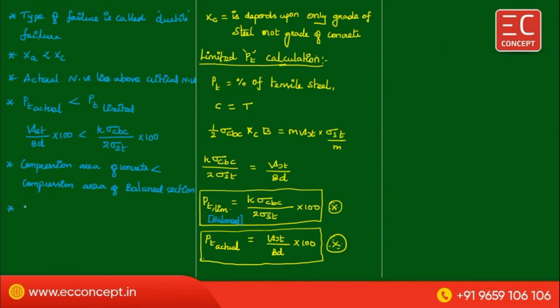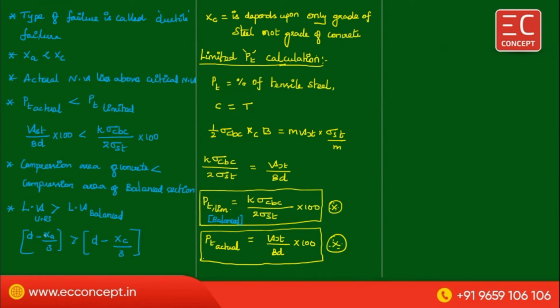Now lever arm is greater than lever arm of balanced section. This is under reinforced section. That means what is the lever arm formula? That means D minus XA divided by 3, which is greater than D minus XC divided by 3. We know that XA is less.